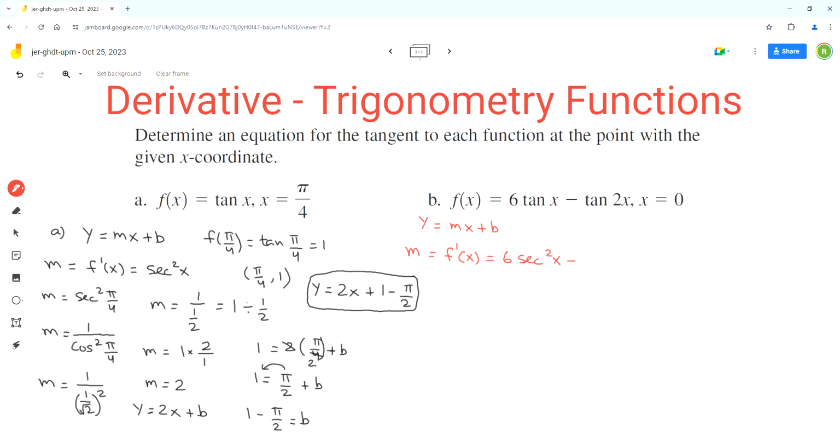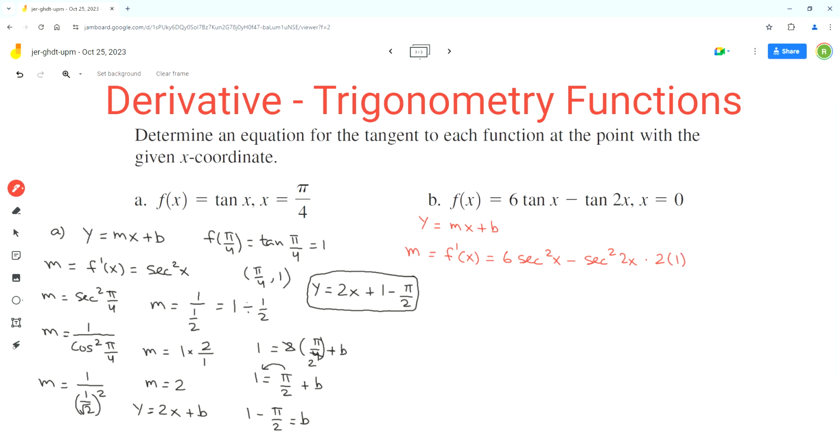And in the second term, we have to use the chain rule because this term has an outer function tan and an inner function 2x. So we start with the derivative of the outer function, and the derivative of tan is secant square, times the derivative of the inner function, and the derivative of 2x is 2 times 1.